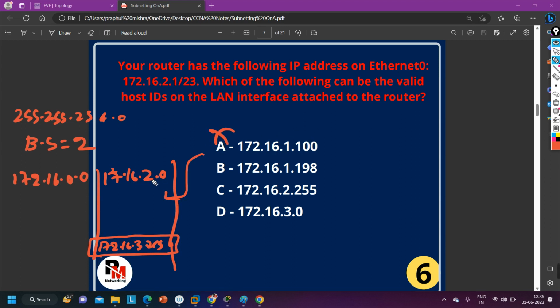My network is starting from 2.1, so this option is also wrong. Out of C and D, the right one is C. Why is D not the right answer?